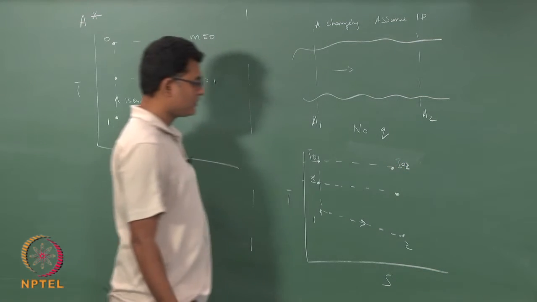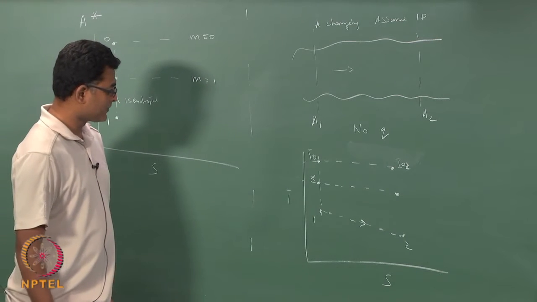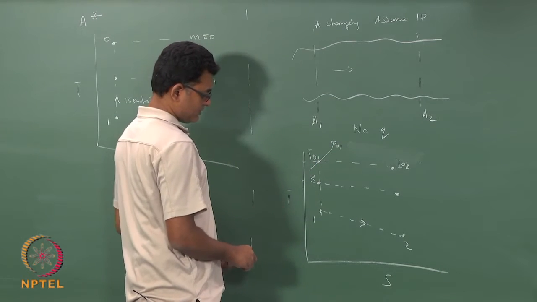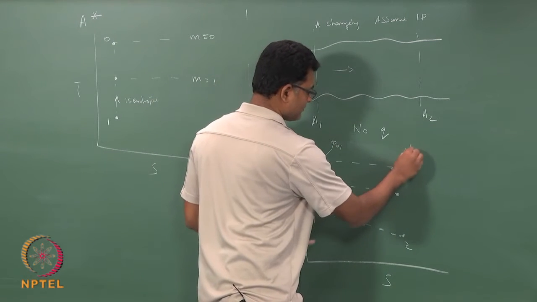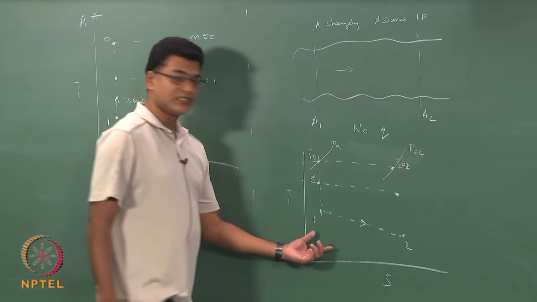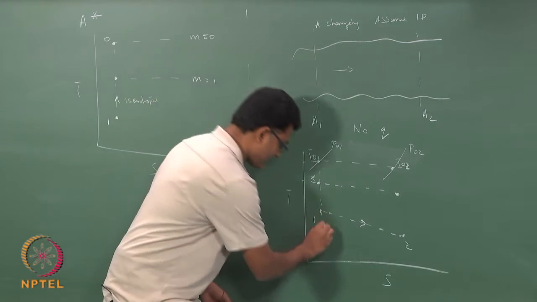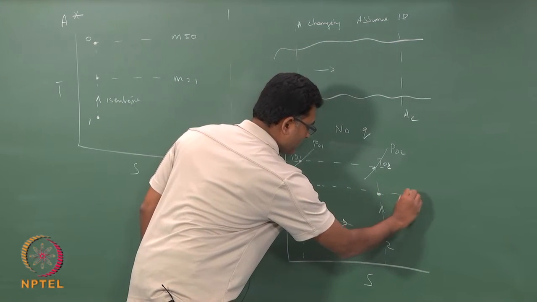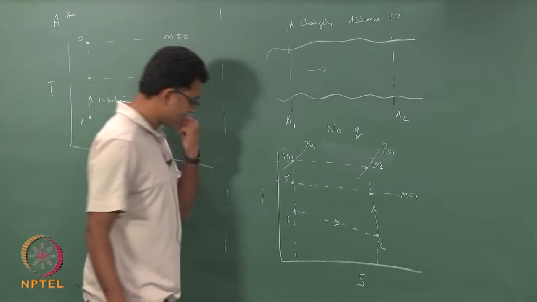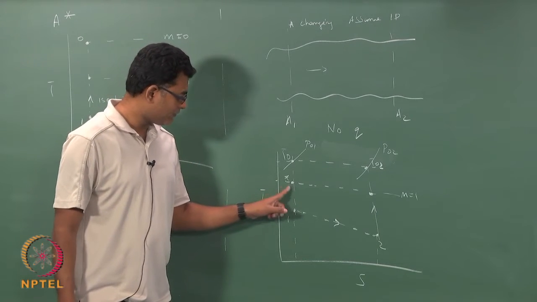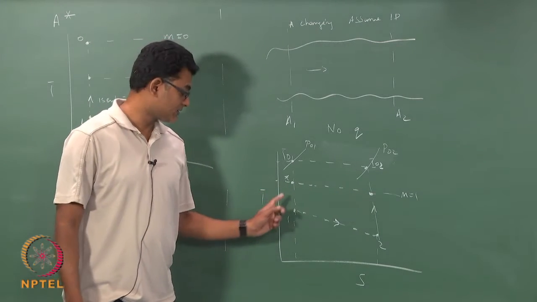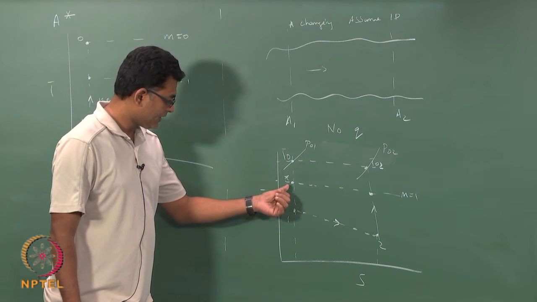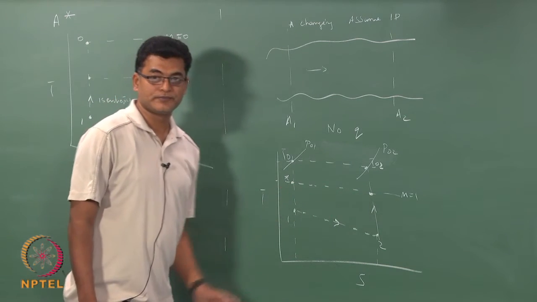Since there is no Q, there is no shaft work, but we also know that the stagnation pressure of 1 and stagnation pressure of 2 are different because there is an irreversibility associated with the flow. Now, we will see what is the relation between the star state of 1 and star state of 2. So, our aim is to find the relation between A star 1 and A star 2.